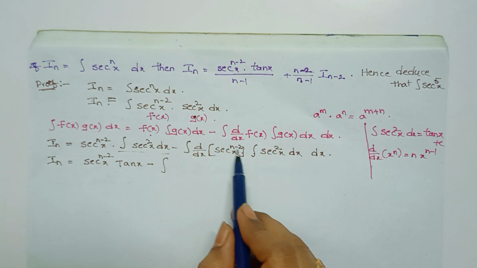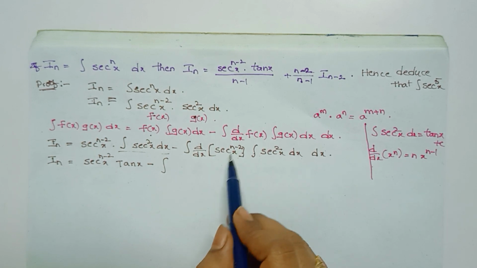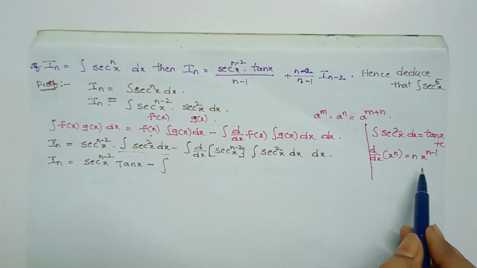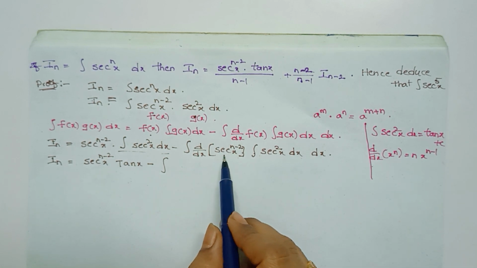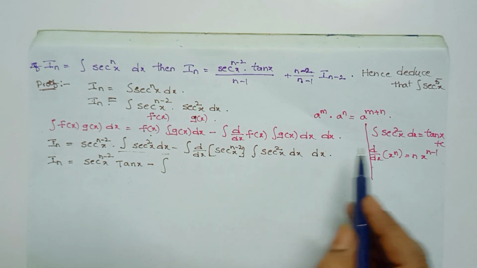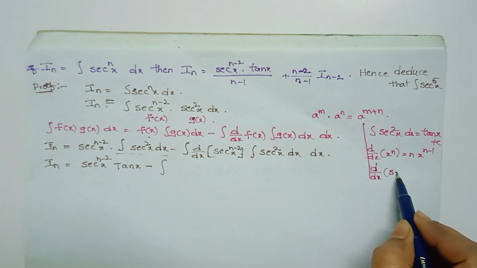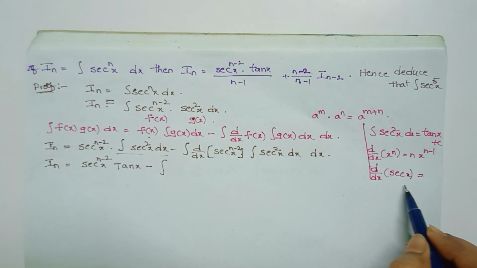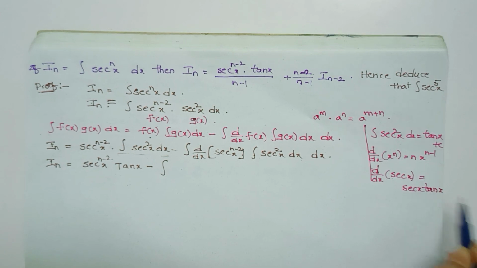In place of x here we have secant x, and here n is n minus 2. Again we take the inner differentiation of secant x, that is d by dx of secant x is secant x into tan x.